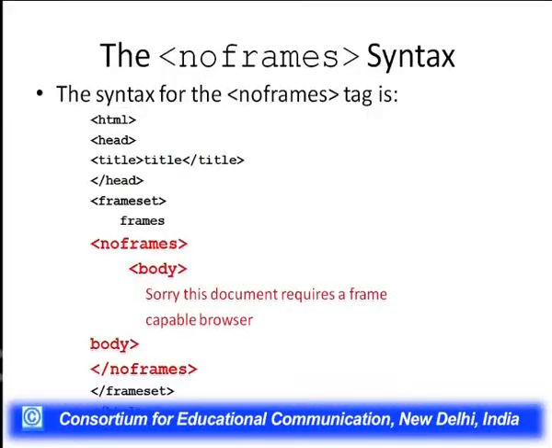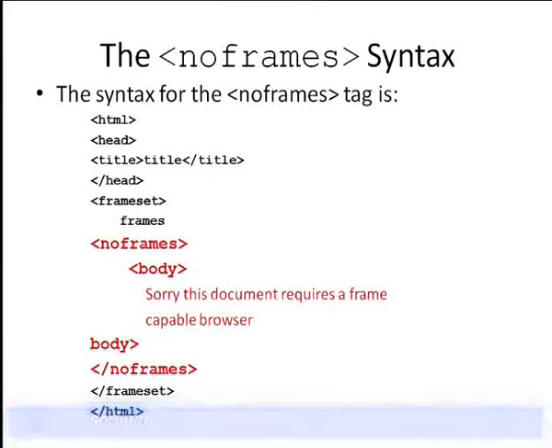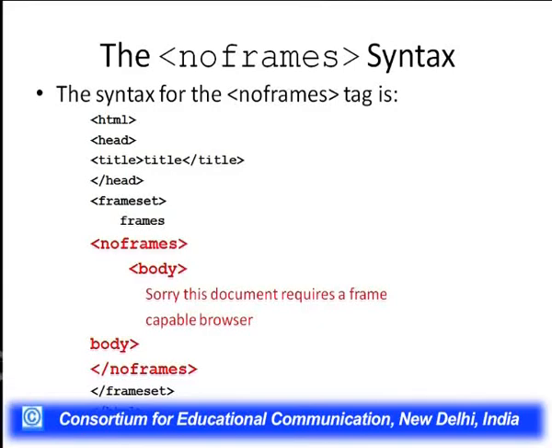In the coding we can simply write frameset, and whatever frames are used can be given, and along with that we specify the noframes tag, and in the body we write that this document requires a frame capable browser. Then we close the body and close the noframes tag.